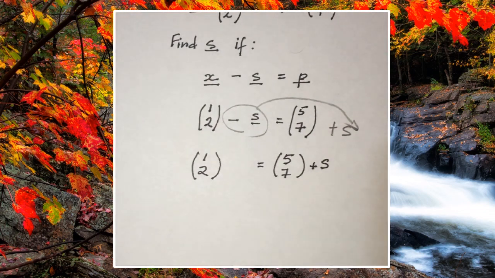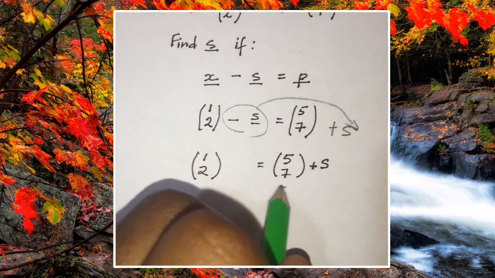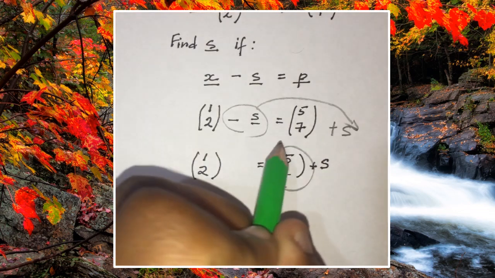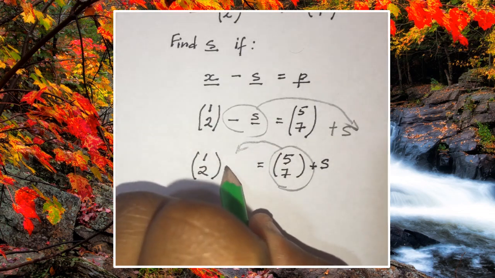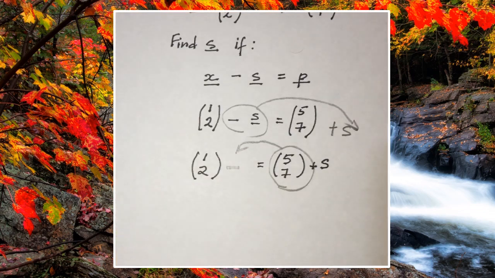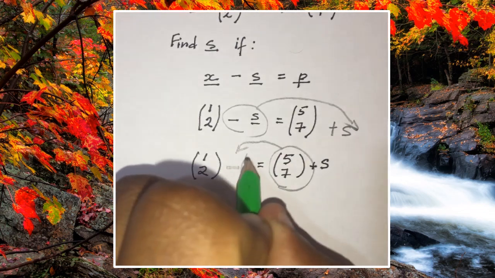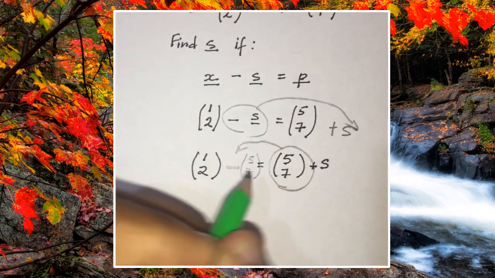I want s by itself. So I can take this vector, which was p, jump the equal sign, and it will now become negative. It's going to be negative the whole vector 5, 7.